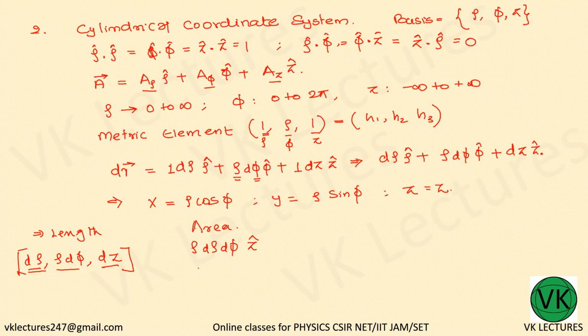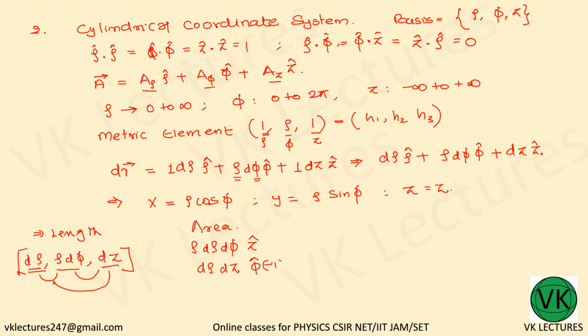Now I am multiplying d rho with dz, so it becomes d rho dz. If I write it like this, it will be in the direction of phi cap, but since I have taken it in the reverse order, it should always go in the cyclic order, 1, 2 and back. So if I have changed the order, I have to put a minus sign.